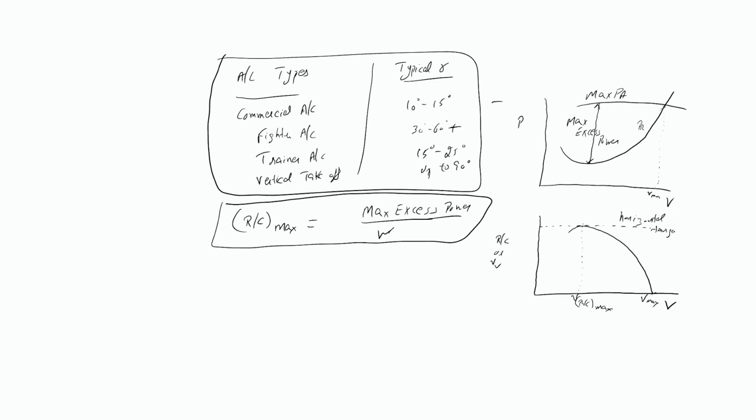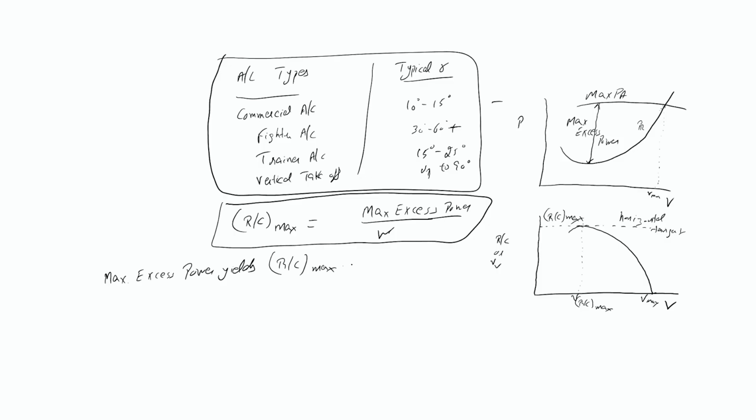It is maximum at the point where we have maximum excess power. So maximum excess power yields maximum rate of climb. This is another way of finding the maximum rate of climb with velocity. The horizontal tangent defines the point of maximum rate of climb.